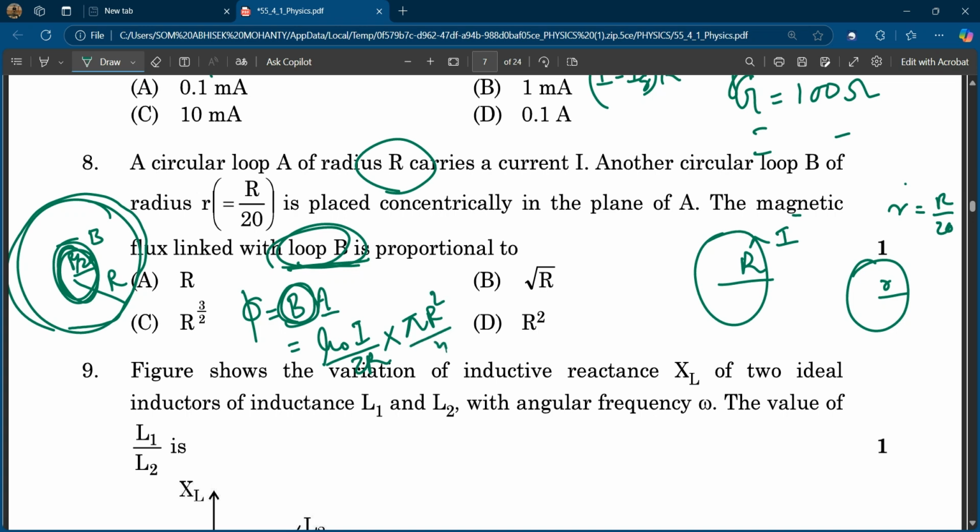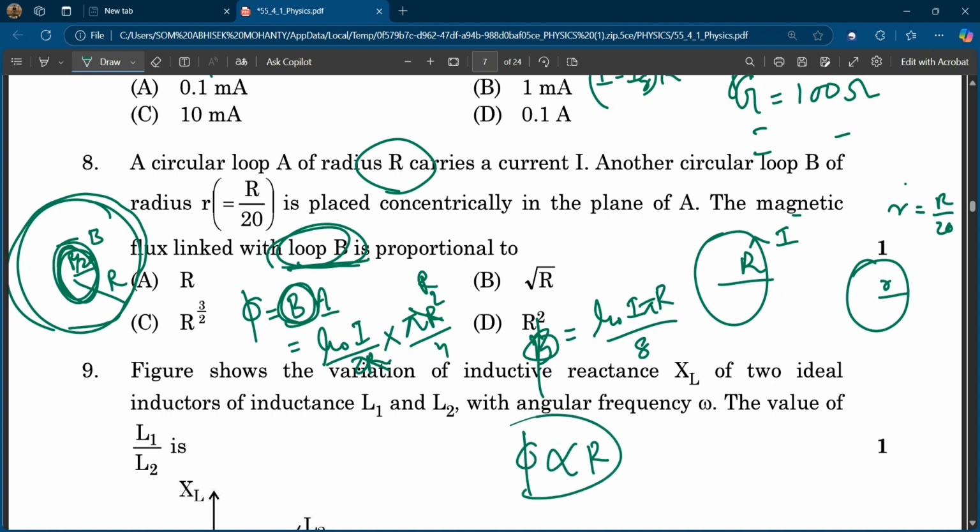So the r's cancel out and the answer is mu naught I pi r divided by 8. So your magnetic flux is proportional to r. So this is the answer.